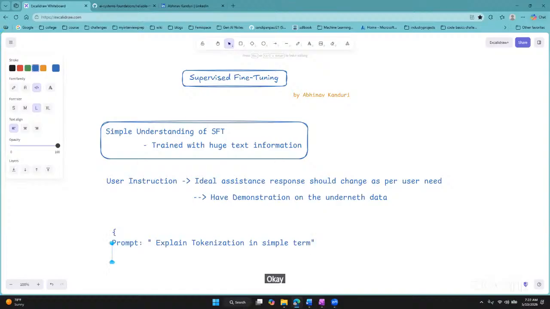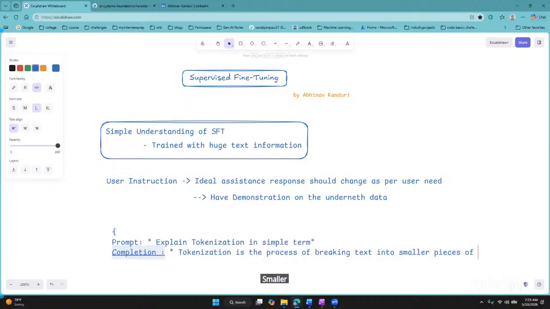Then the completion would be: tokenization is the process of breaking text into smaller pieces called tokens.